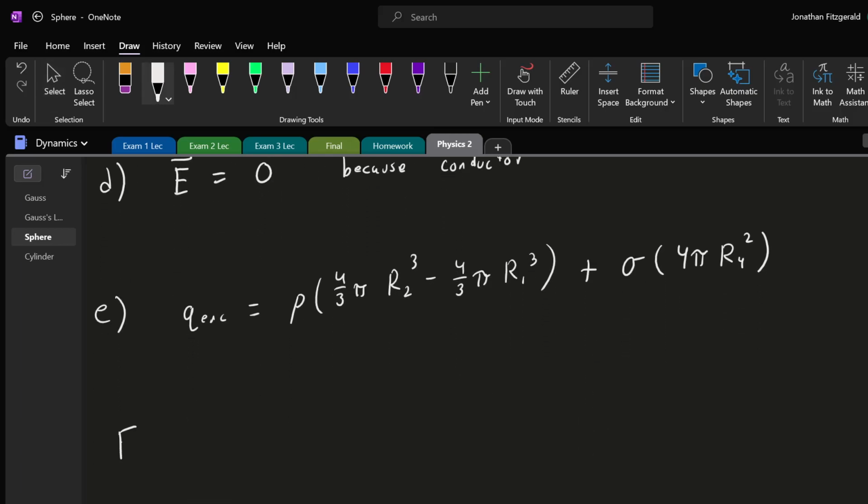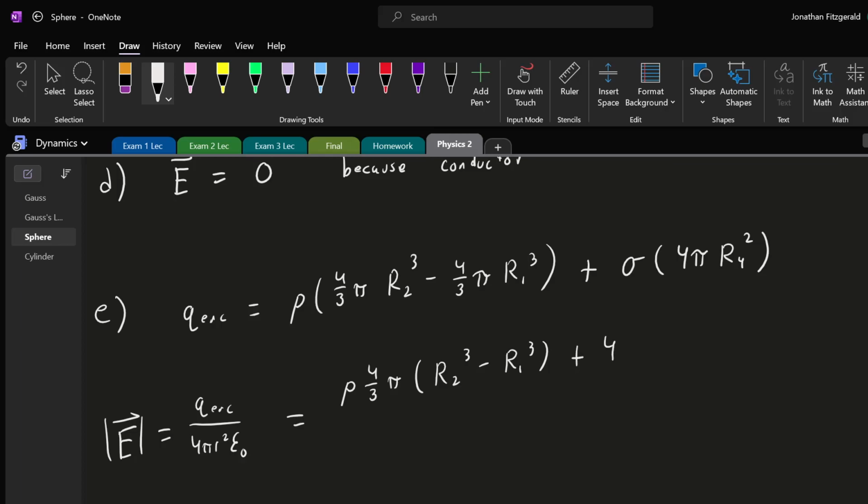Now we can plug that into our formula. Q enclosed over 4 pi R squared epsilon naught: again with the rho, R2 cubed minus R1 cubed, plus 4 pi sigma R4 squared, all over 4 pi R squared epsilon naught.